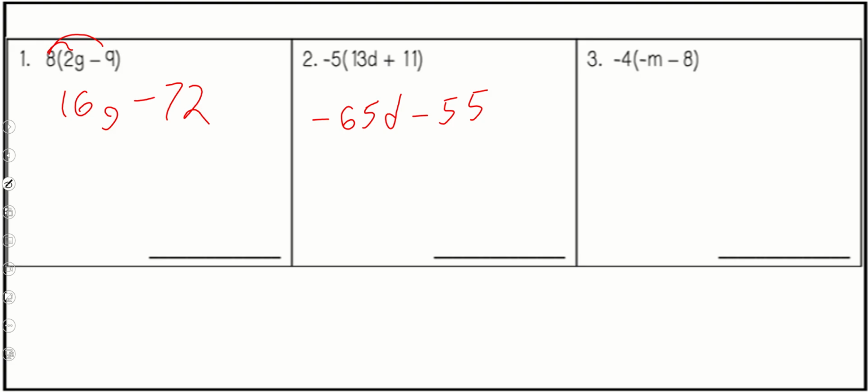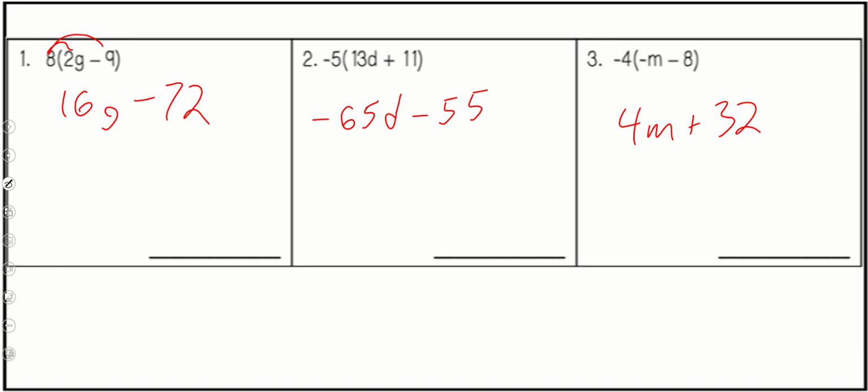Great. 4m plus 32 is correct. Okay. Any questions on those? Biggest thing is just paying attention to those signs, okay? When you distribute, if the signs are the same, you get a positive number.